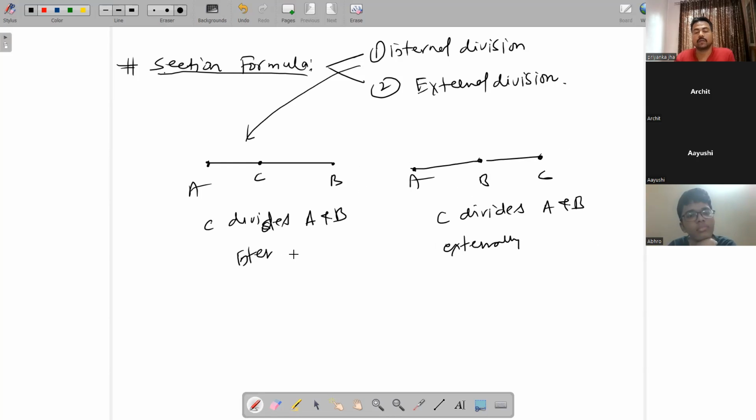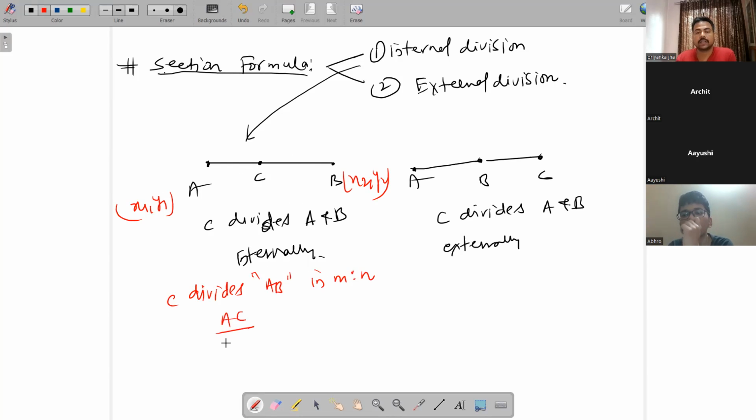I am not going into derivation, that is not required. Internally. Suppose you are given coordinates of A and coordinates of B, and the question says that point C divides AB in ratio m is to n.